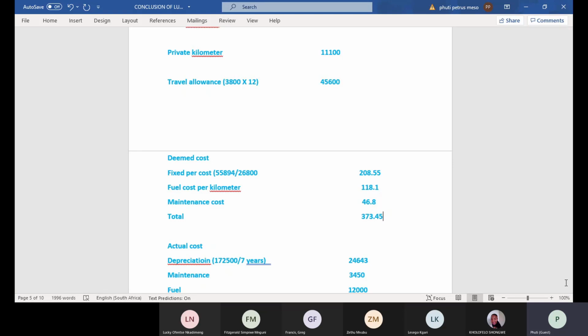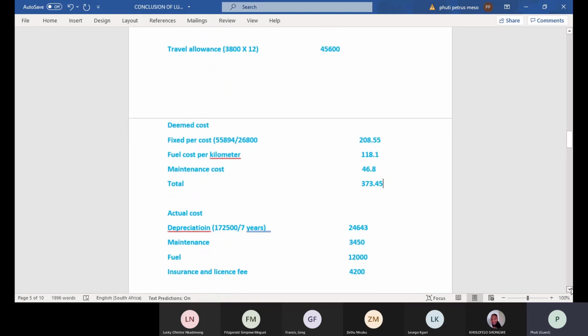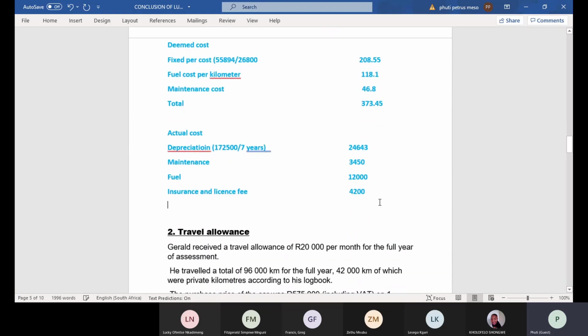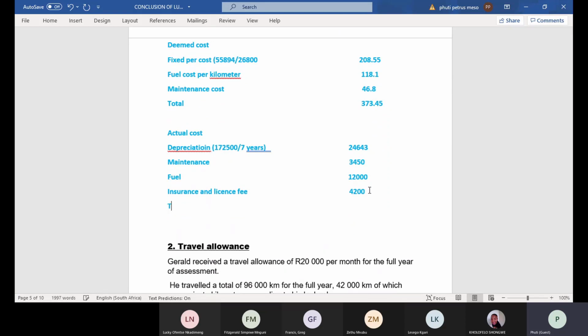And let's look at the total cost for the actual. Total for the actual cost will be 24,643 plus 3,450 plus 12,000 rand plus 4,200 rand.